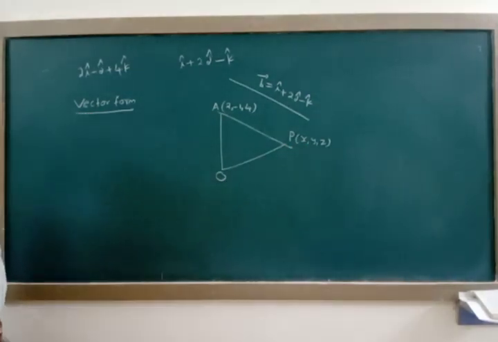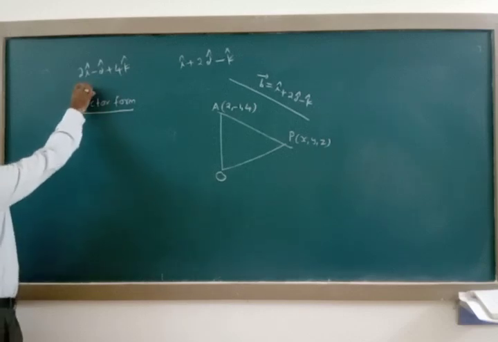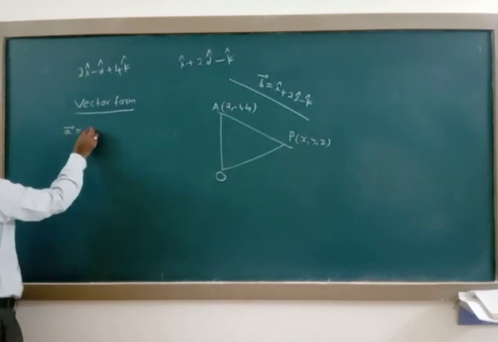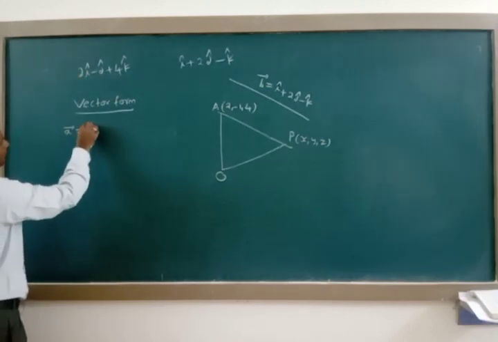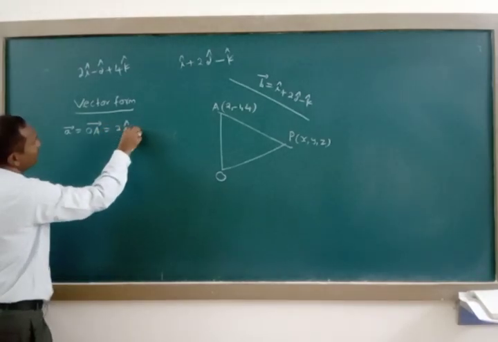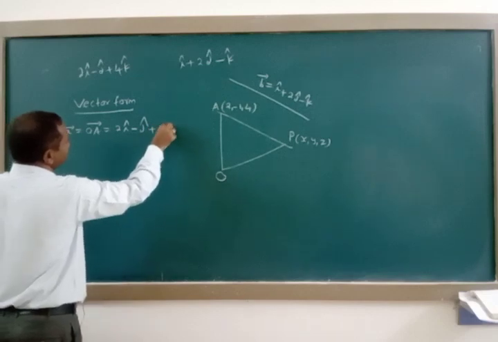In this case, the vector form: first, A vector is the position vector of the point capital A. We can write OA vector is equal to 2i cap minus j cap plus 4k cap.